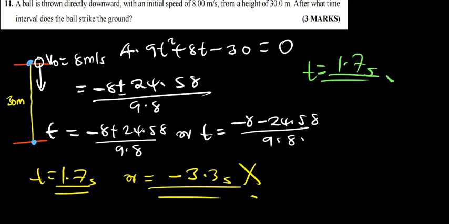Now, this question, most people tend to get it wrong because of the same explanation I've given you. The moment you read the question, they're talking about it coming direct downward. You have been given the initial speed, then everything will be negative. That's the only tricky part.